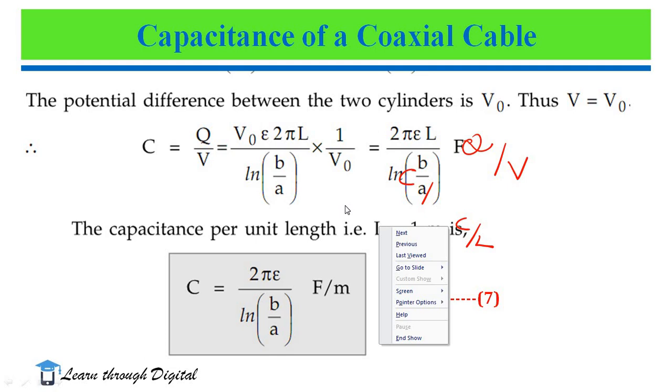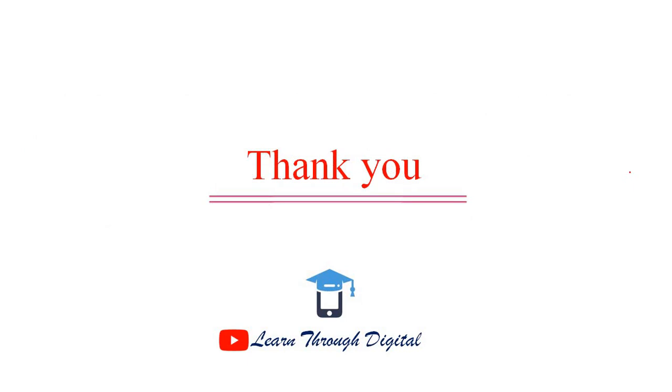From this, we find the charge Q. Now capacitance is the ratio of charge to the potential difference. We find the capacitance using the Laplace equation. In this way, we find the capacitance of a coaxial cable using the Laplace equation. I hope now you are very clear about how to calculate the capacitance of a coaxial cable in two different methods. Thank you.